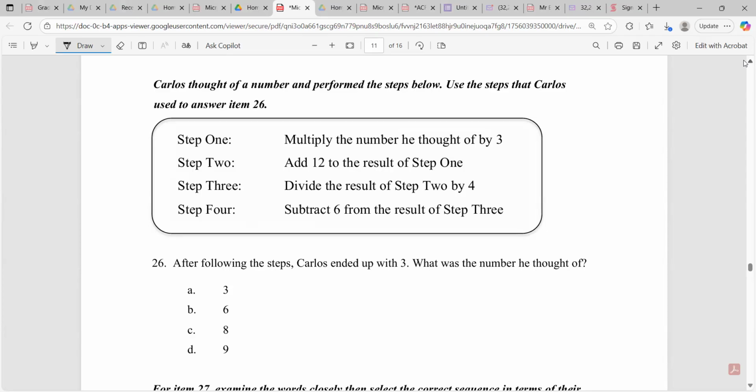Step 3, divide the result of step 2 by 4. And then step 4, subtract 6 from the result of step 3. After the following steps, Carlos ended up with 3. What was the number he thought of? Is it 3, 6, 8, or 9? Have fun with that one. Take your time on this, guys. I want you to show the working of how you get it, all right?